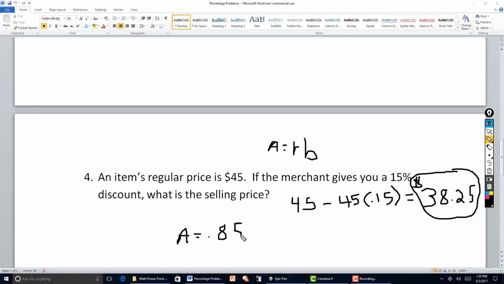Change 85% to a decimal, and then multiply by the 45. That should give us the same thing right here. Try to write a little phrase out for it, and then write that as an equation.